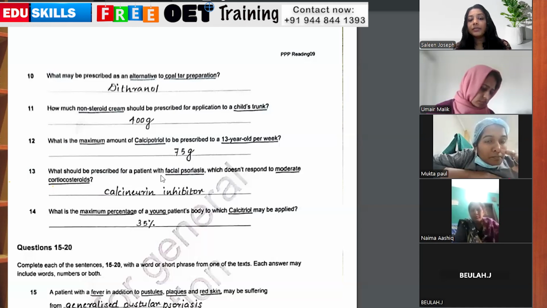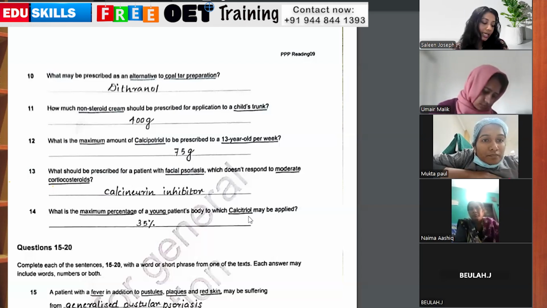Now, what should we prescribe for a patient with facial psoriasis which doesn't respond to moderate corticosteroids? A calcineurin inhibitor. Then again, the maximum percentage of a young patient's body to which calcitriol may be applied. For calcitriol, you have to check: not more than 35% of the body surface to be treated daily, maximum 30 grams.